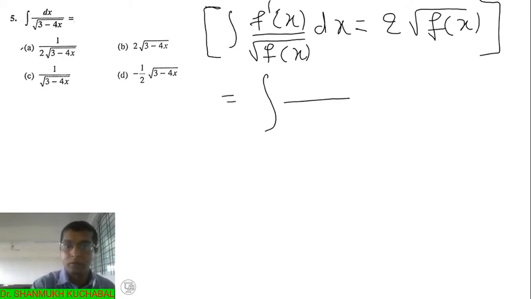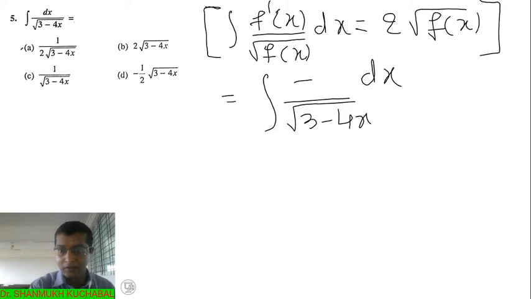Further, integration of root of 3 minus 4x, dx as it is. Differentiation of 3 is 0, minus 4 as it is, x differentiation is 1. In the earlier example it was 1, but here it is minus 4. Minus 4 is extra, so we balance it by dividing by minus 4, so minus 1 upon 4.